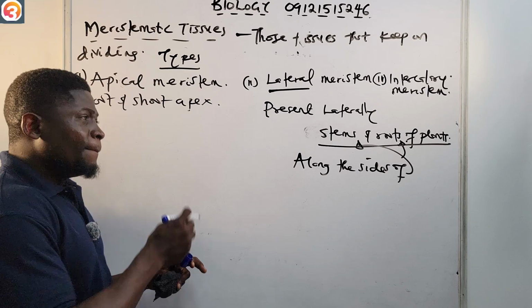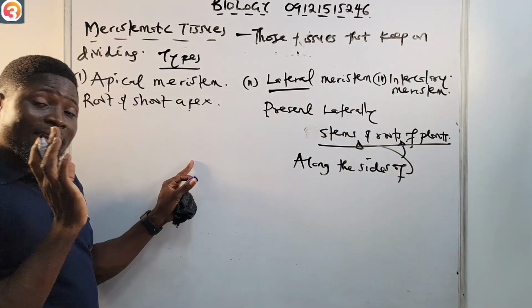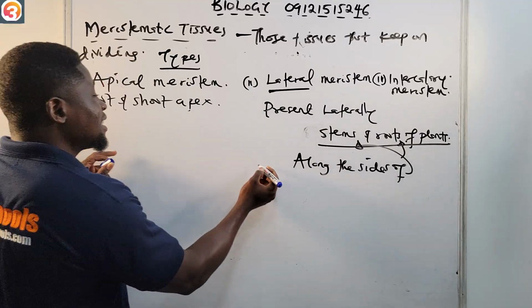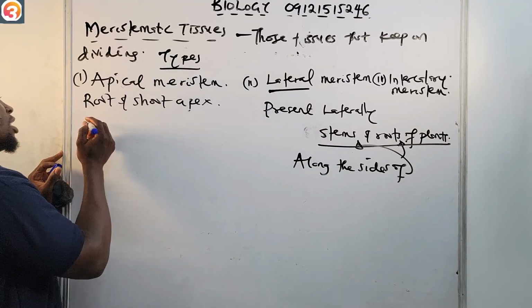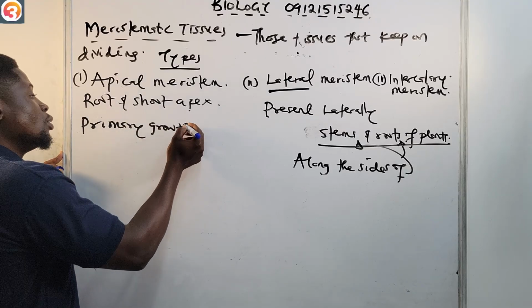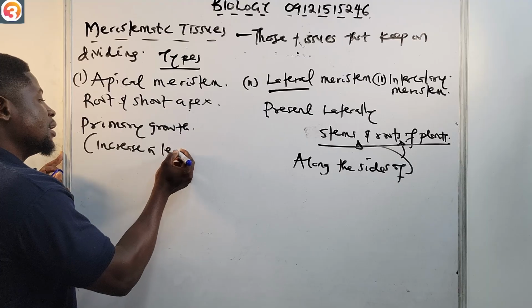Now, we also have intercalary meristem. But before we talk about intercalary meristem, please take note that apical meristem is responsible for primary growth, the one we said is increase in length.